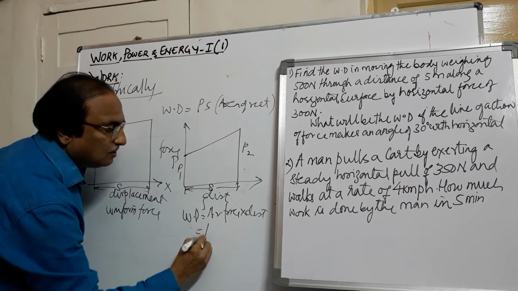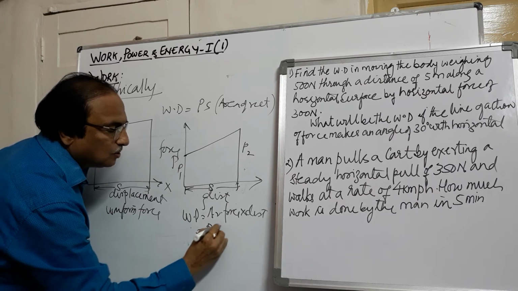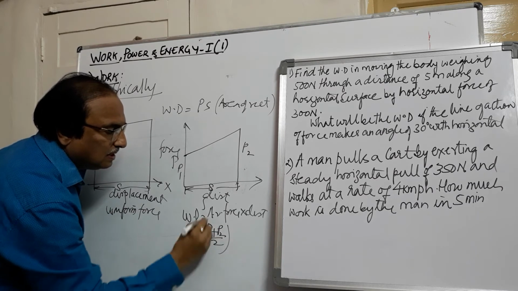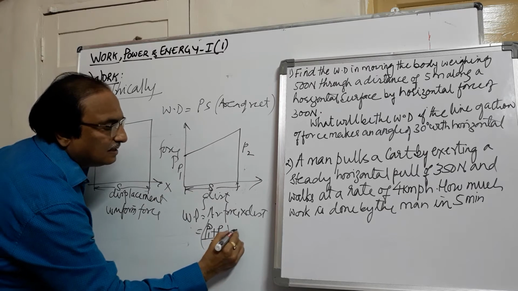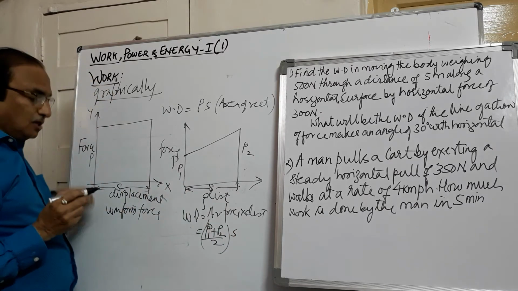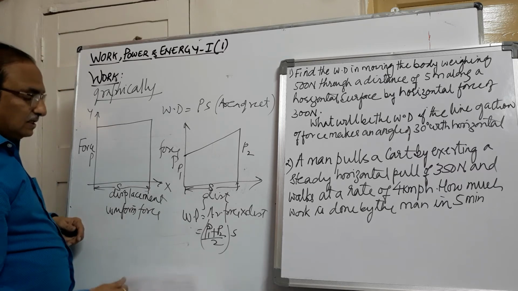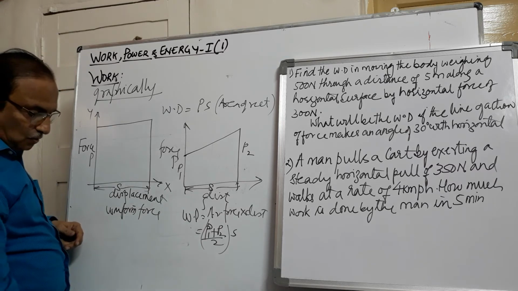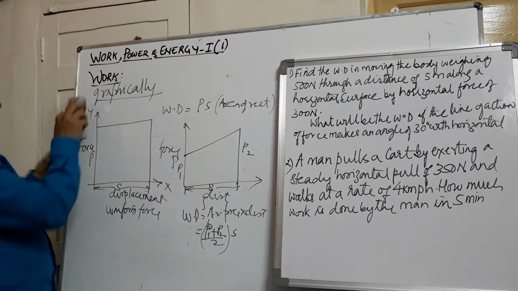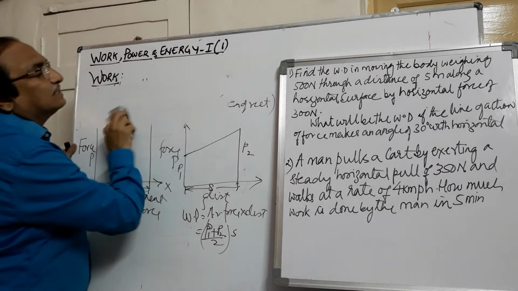So average force will be P1 plus P2 divided by 2, that is the average of these two, and the distance it is traveling is s. So this is a graphical representation of the force when it is uniform and when it is varying. Now based upon this work, we will see some examples.